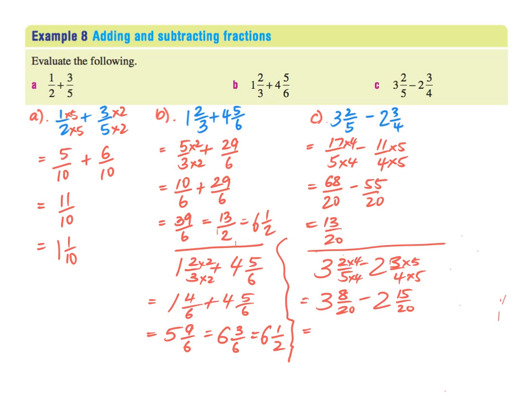All right, now if we go ahead and do the subtraction, 3 minus 2 is 1. And we have here 8 minus 15. You will realize we have a negative number. So we will have negative 7 over 20. Okay, so at this stage, you may think, there's something really strange going on here as well.